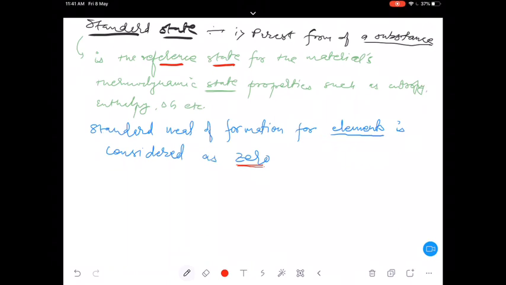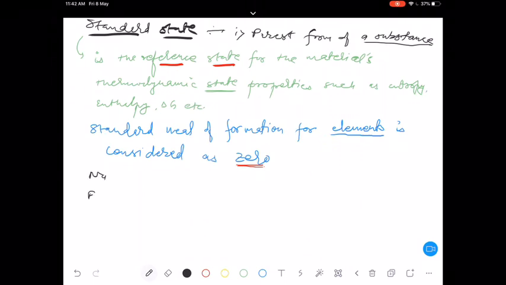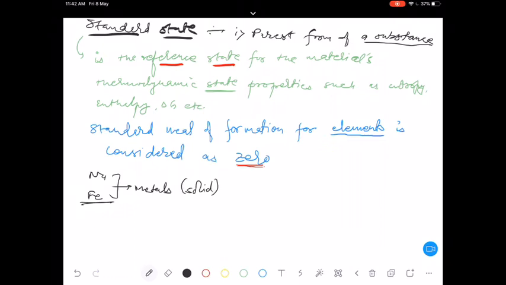Standard state for sodium, iron, or various other metals is the solid state.